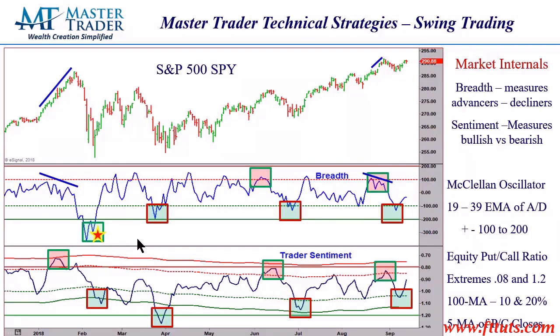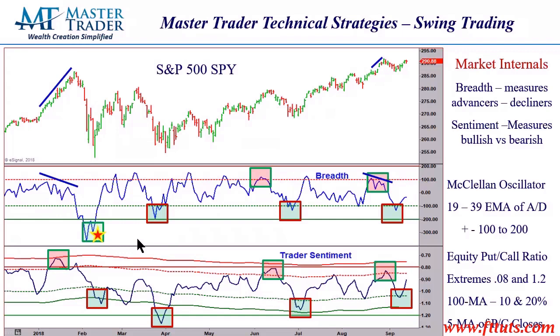At times, the move price-wise will not be as extreme as what you see in this example, but you'll see that McClellan oscillator move down to that low level. While we would look for a bounce, we want to pay attention if it goes down to that minus 300 level. The normal areas, down at minus 100 to 200 or up above plus 100 to 200, would be considered the normal levels that it would move to.